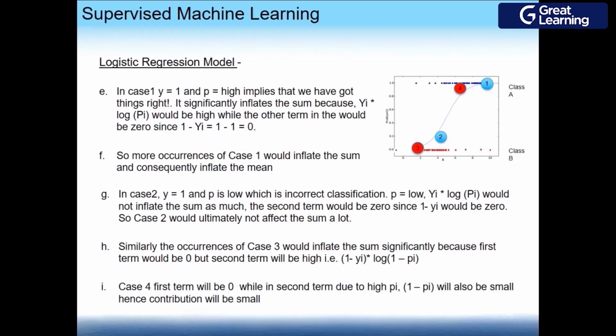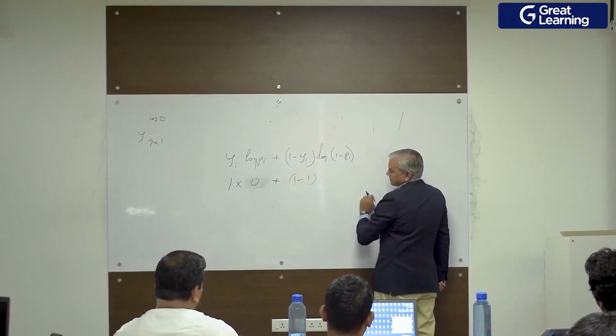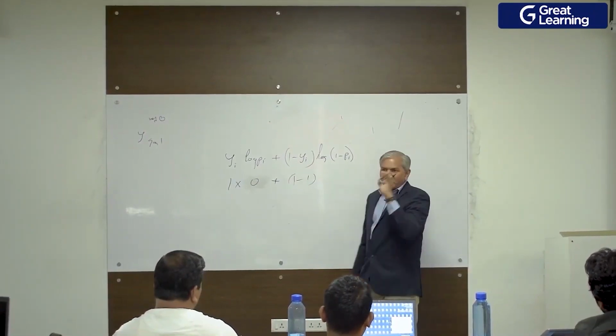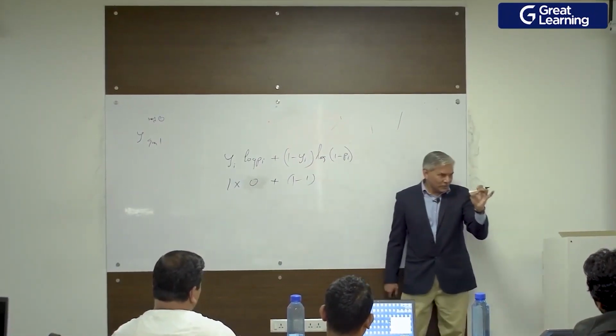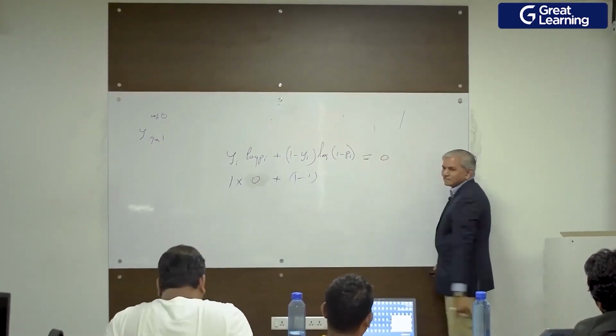Log to the base 2 of a number close to 1 will always be 0. Come to this term. This becomes 1 minus 1. We don't even need to evaluate because this is 0. So when you do correct classification for the blue points, your error is 0.